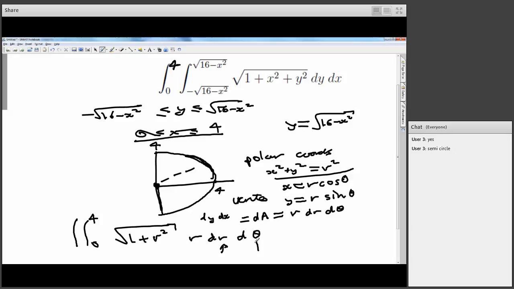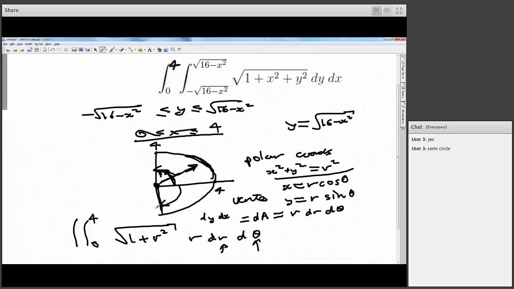Next one is theta, that's the angle. So r is that direction, the radial direction, how far out. Theta is the angle from the positive x-axis. So what are the limits for theta in this case? The biggest it would get is all the way up to this point, that's the maximum. And the smallest would be all the way down here, which would be a negative number.